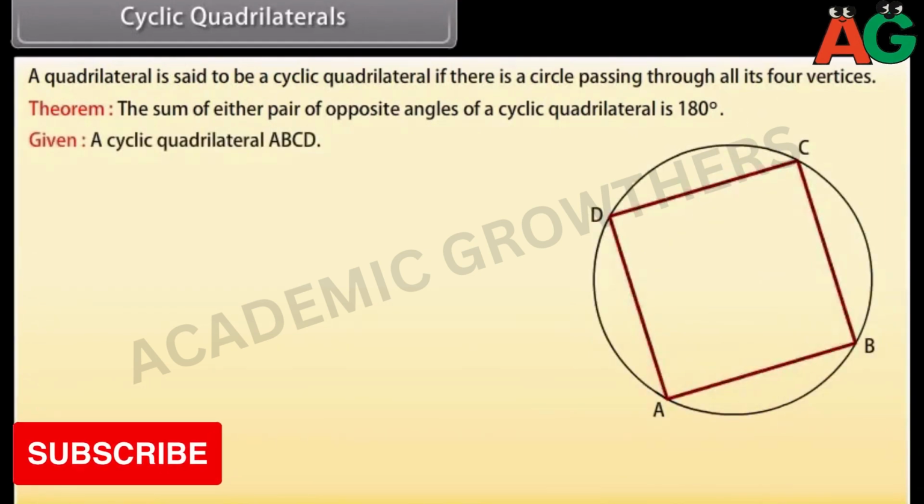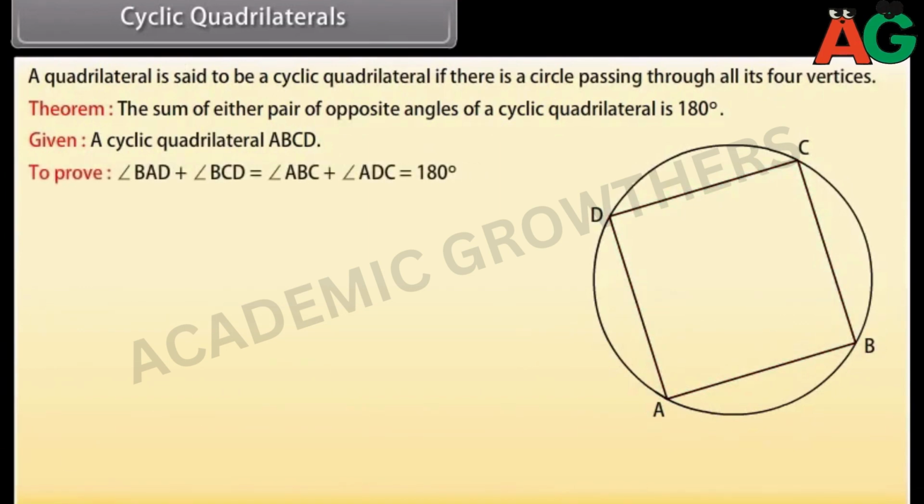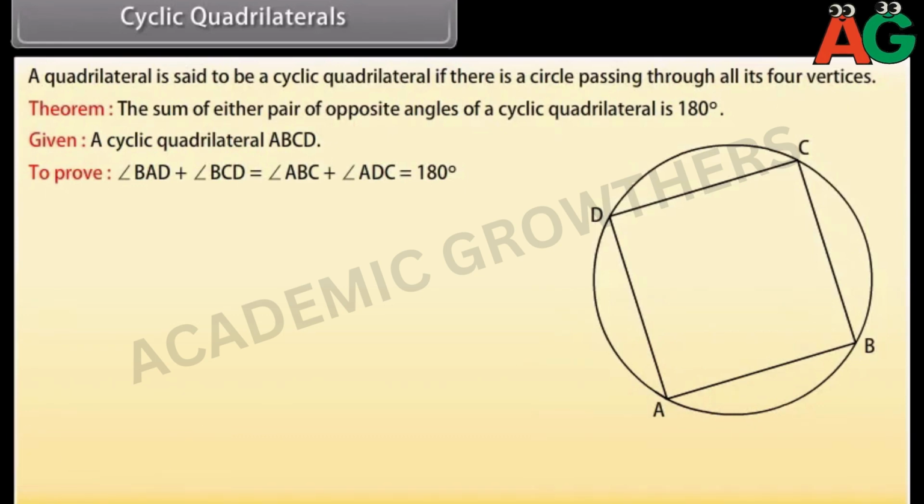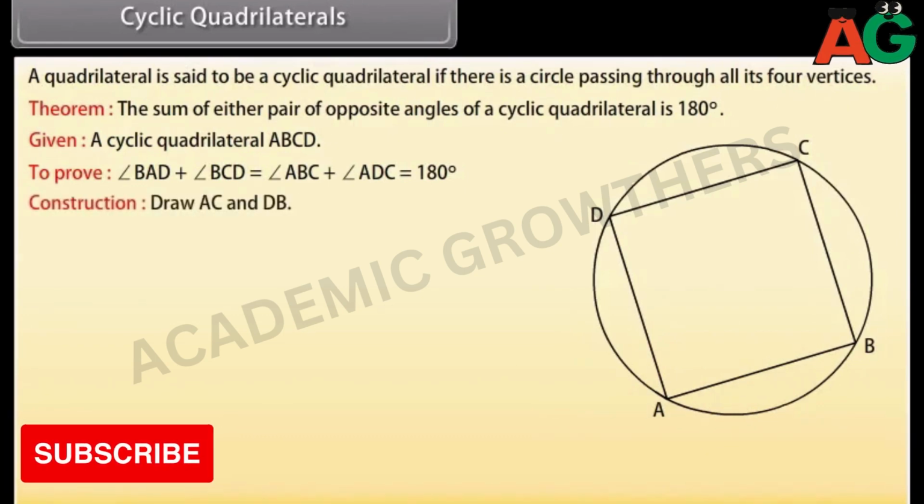Given a cyclic quadrilateral ABCD. To prove, angle BAD is equal to angle BCD, which is equal to angle ABC plus angle ADC, which equals 180 degrees. Construction: Draw AC and DB.